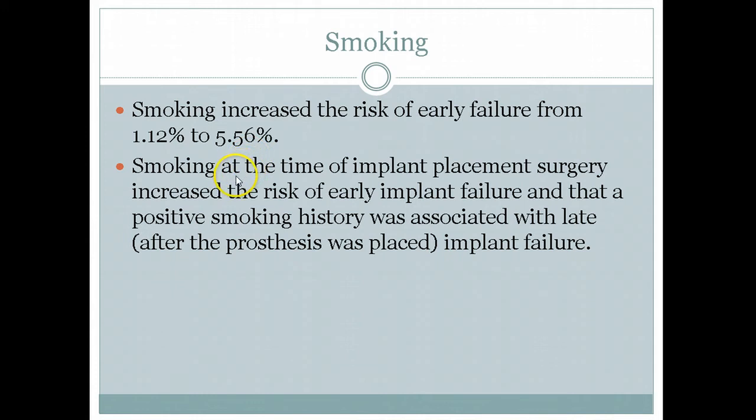Smoking at the time of implant placement surgery increased the risk of early implant failure, and a positive smoking history was associated with late implant failure, after the prosthesis was placed. So what does that mean? It has an effect in both parts, the starting part and after the prosthetic, but the main statistical difference would definitely be in the starting part, during the healing, osseointegration phase.